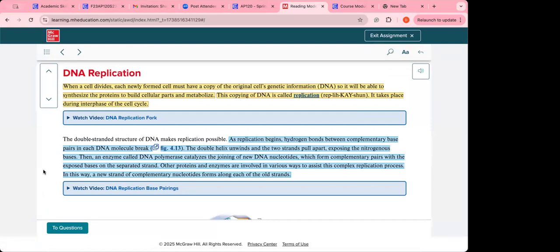The hydrogen bonds between complementary base pairs break. The double helix unwinds. Then, yeah, so hydrogen bonds between complementary base pairs in each molecule break. That's what it said. And that's what I put.